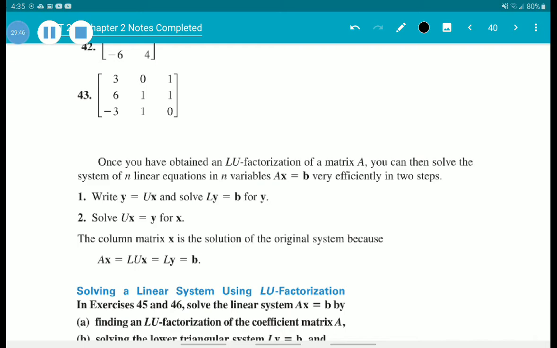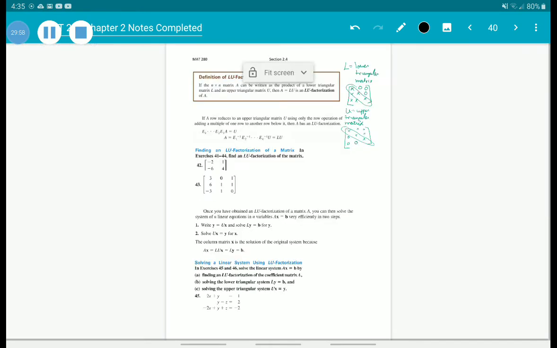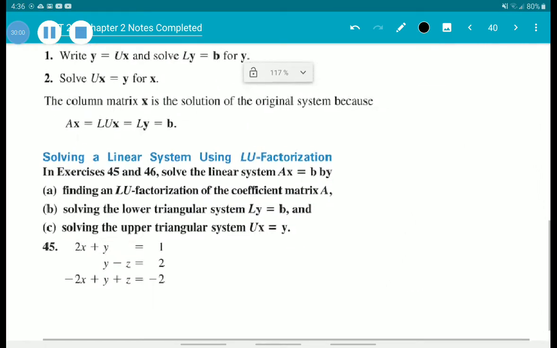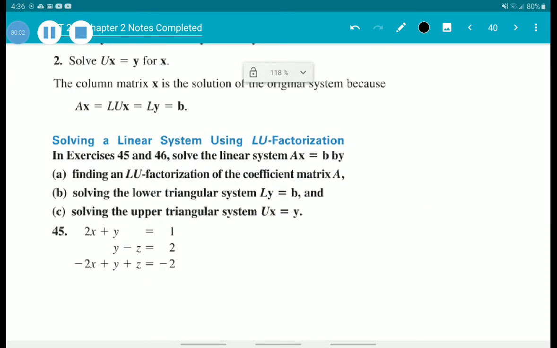That's going to allow us to substitute in so that we can use a back substitution method to get that final answer. So let's look at an example of how this is going to work. Remember, we're doing this with really small matrices, just 3 equations, 3 unknowns. We've got to find the LU factorization, and then we're going to solve the system using the LU factorization so you can see how this works firsthand.